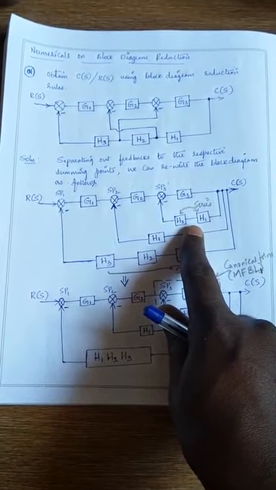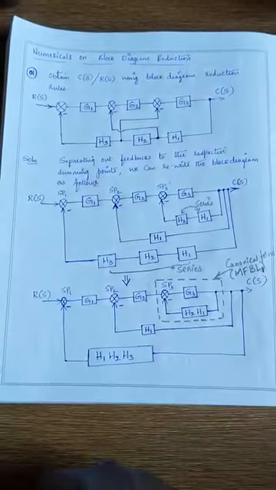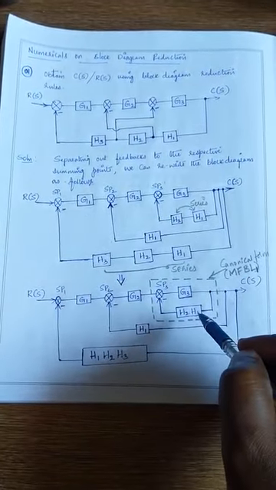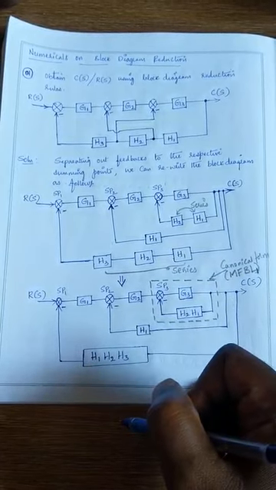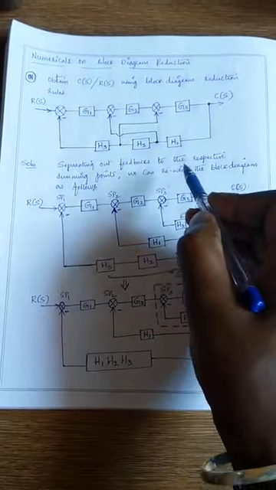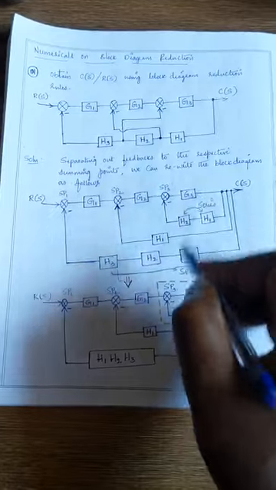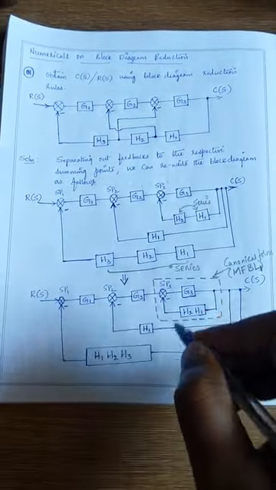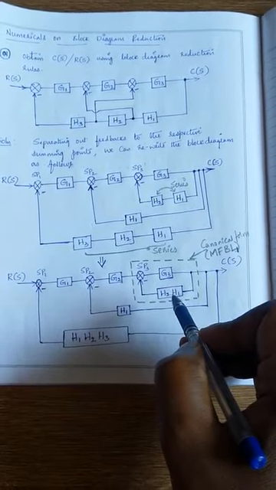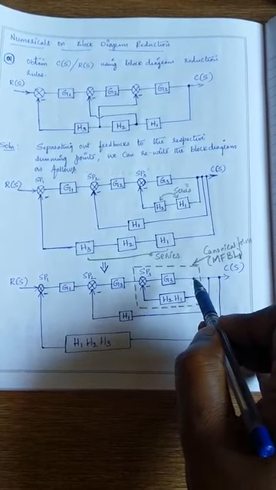Now the block diagram is very simple to analyze after making this arrangement. That is, we have separated out the feedbacks to the respective summing points. Now you can observe here H1 and H2 are in series, so it becomes H1 H2. If I take only this region, marked here, you have one summing point, one forward block, one feedback block and one takeoff point.